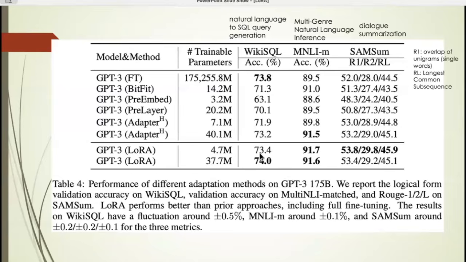And when you compare the performance, it's also comparable or better, actually a lot better, compared to the fully fine-tuned version. So I think that also indicates that as the model scales up, LoRA is going to have more advantage in model performance compared to the fully fine-tuned version.